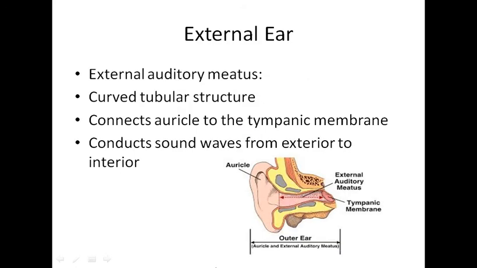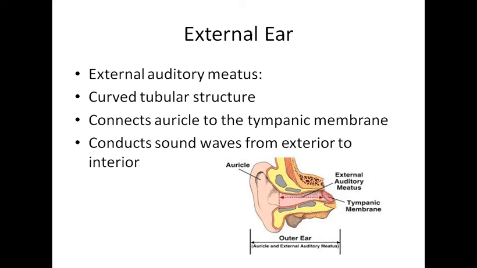Then the external auditory meatus. Look at the picture first. This section is that of the external auditory meatus. We saw its opening from the ear auricle, right? From here up to the tympanic membrane is the external auditory canal. It is a curved tubular structure that connects the auricle to the tympanic membrane, right?